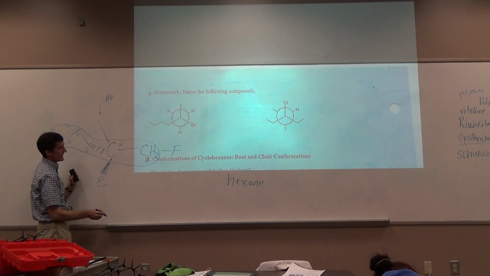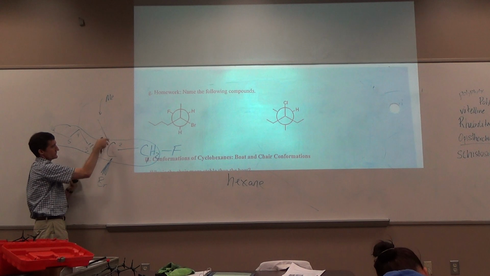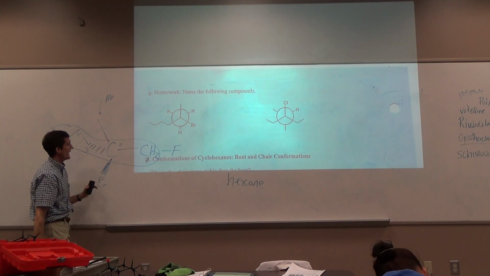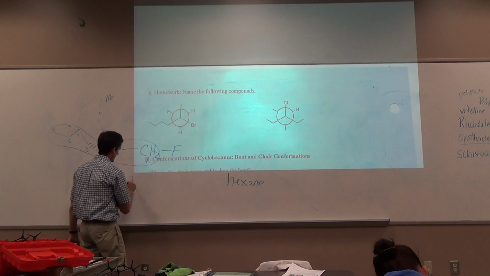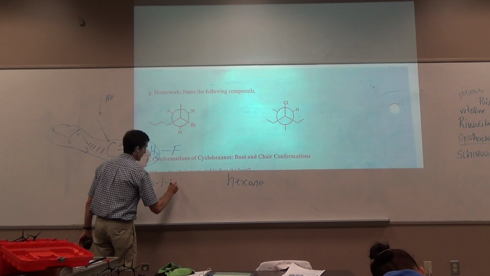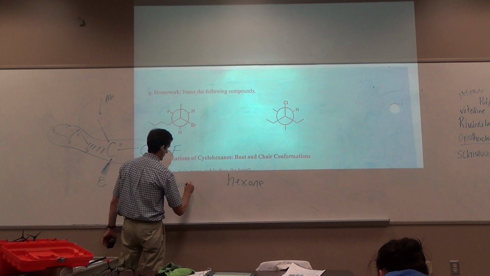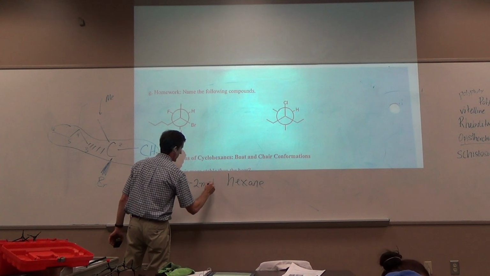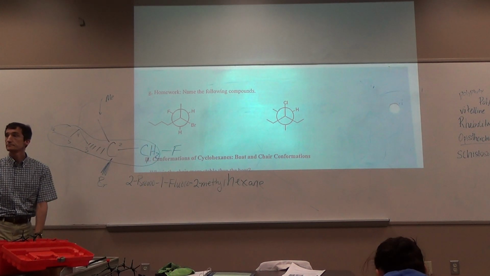By doing it this way, we have substituents at 1, and then substituents at both 2. Alphabetical, what, bromine? 2-bromo, 1-fluoro, 2-methyl, hexane. Does that look right?